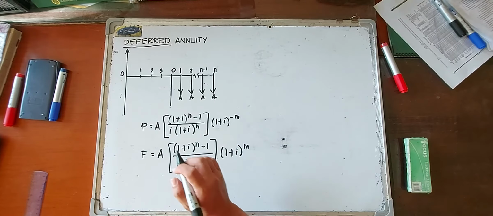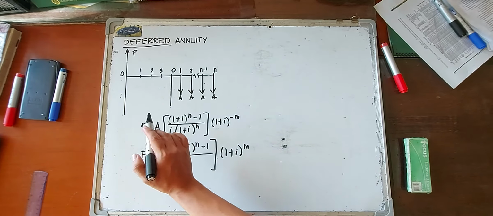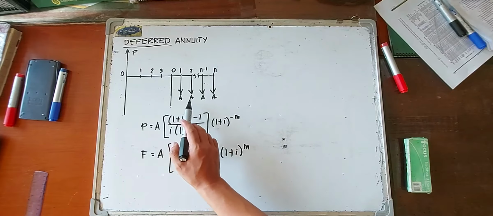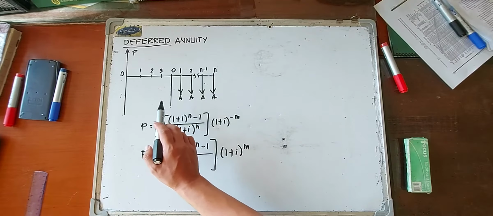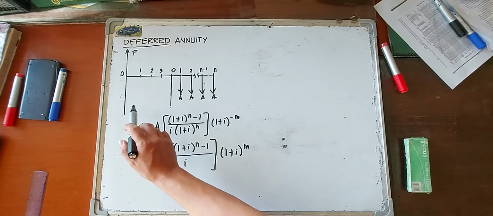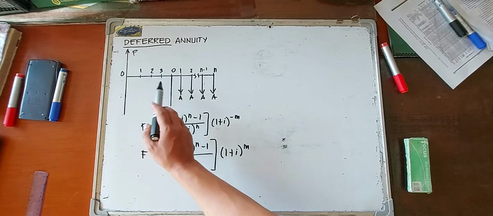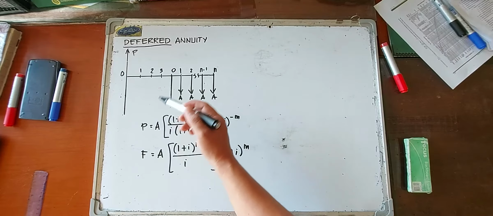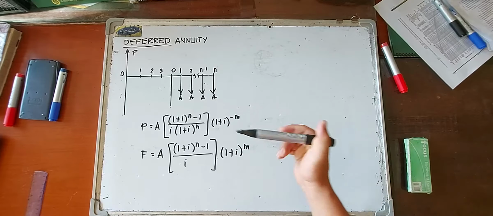That means if we want to solve for the present worth of this annuity, these periodic payments, and this payment started after 3 years, so merong 3 years, doon ka lang nag-start na mag-pay or mag-deposit ng payments.